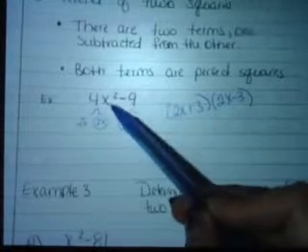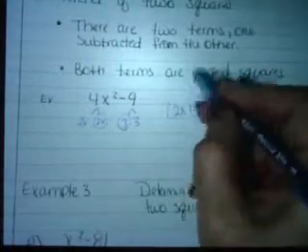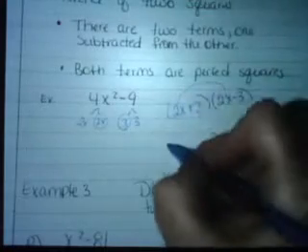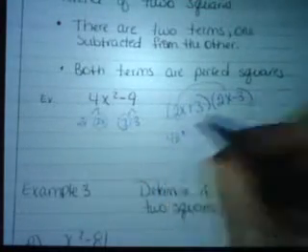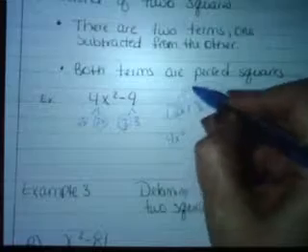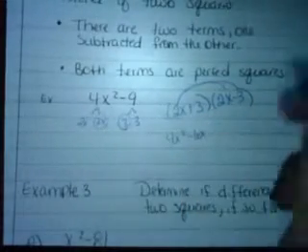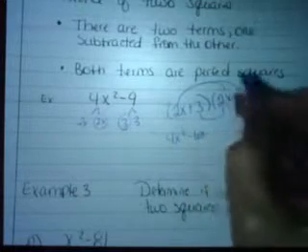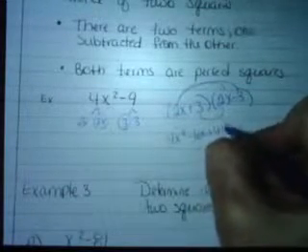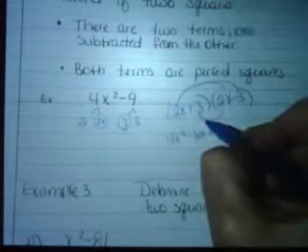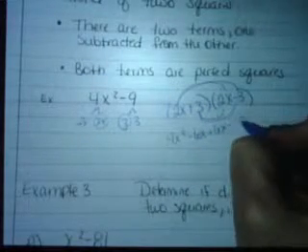Let's check to make sure our factorization is correct. We have to end up with this by the time we're finished. So 2x times 2x is 4x squared. 2x times negative 3 gives me negative 6x. 3 times 2x gives me positive 6x. 3 times negative 3 is negative 9.